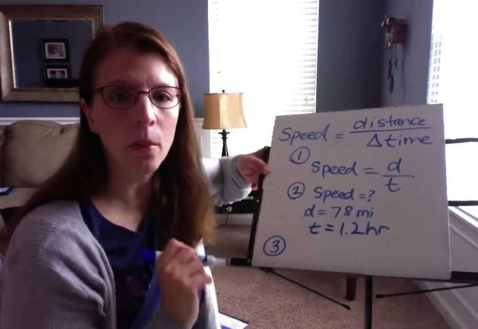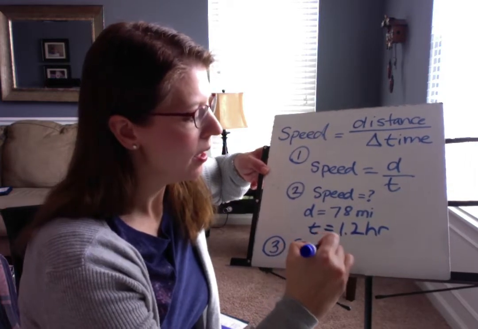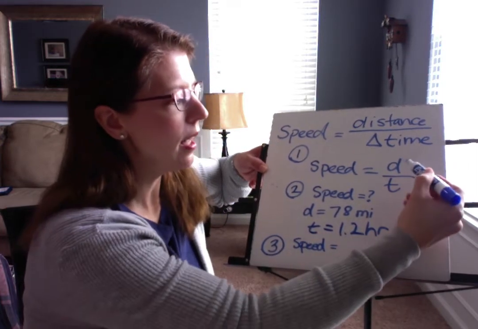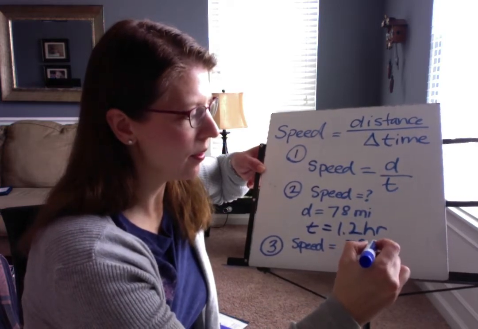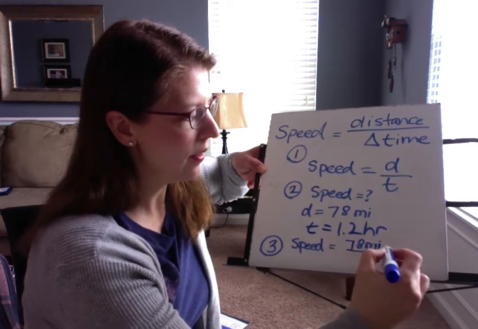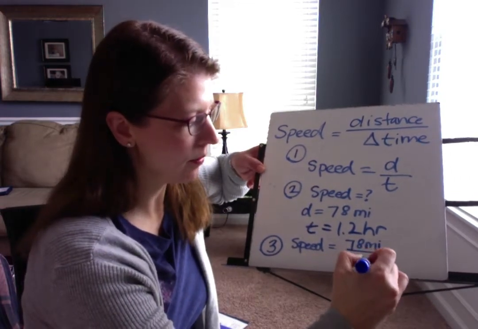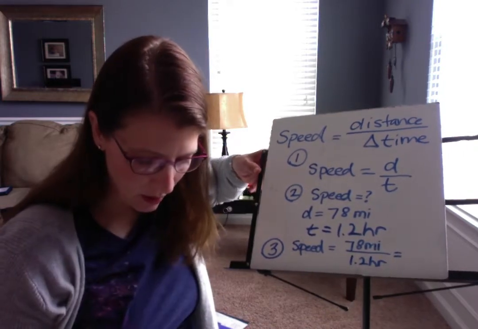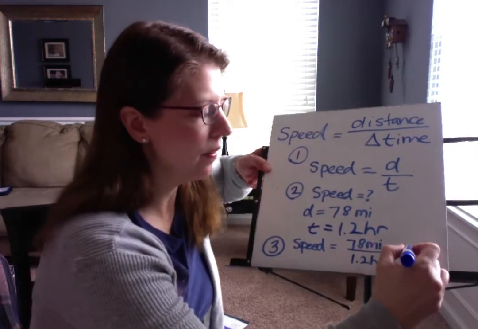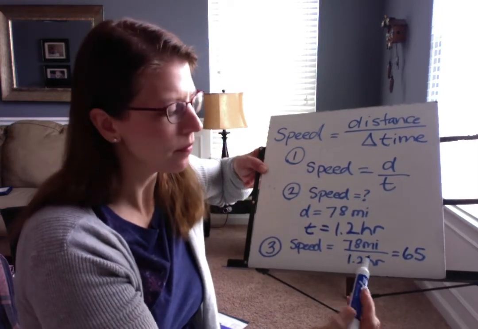Step 3 is called plug and chug. So speed equals, now instead of D, I'm going to write what D equals, 78 miles. And instead of T, I'm going to write what T equals, 1.2 hours. And that equals 65. And then what are my units?